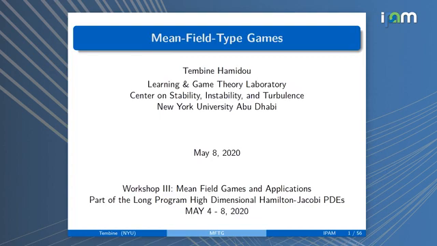We have been doing that for the last five to six years now, and it's different from mean field games from the perspective of symmetry, from the perspective of nonlinearity, and multiple other properties I will highlight in this presentation.